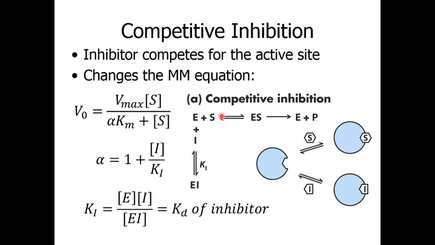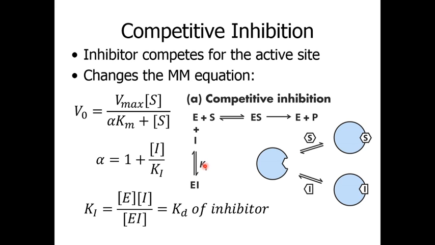Quantitatively, a competitive inhibitor changes the Michaelis Menten equation. In the original Michaelis Menten equation, there is no alpha. When you deal with a competitive inhibitor, it introduces a term alpha to the Michaelis Menten equation, and alpha is given by 1 plus I over Ki. One can actually derive this equation from this scheme using steady state approximation, but for this course, you are not required to do that.